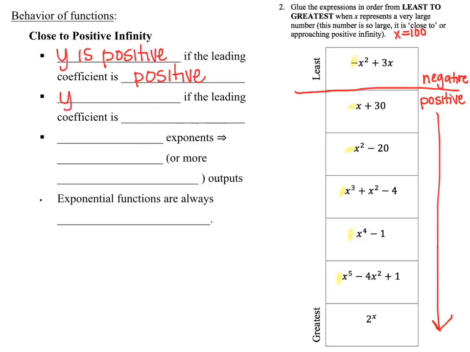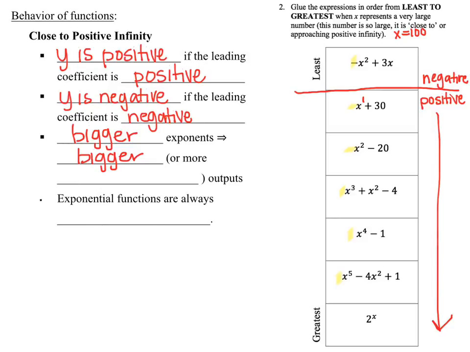We also can say that my y is going to be negative if the leading coefficient is negative. And then another thing that we should notice, as I went from x plus 30 up to x to the 5 minus 4x squared plus 1, my exponents increased. So I'm going to say the bigger the exponents you have, that means that we're going to have bigger outputs.